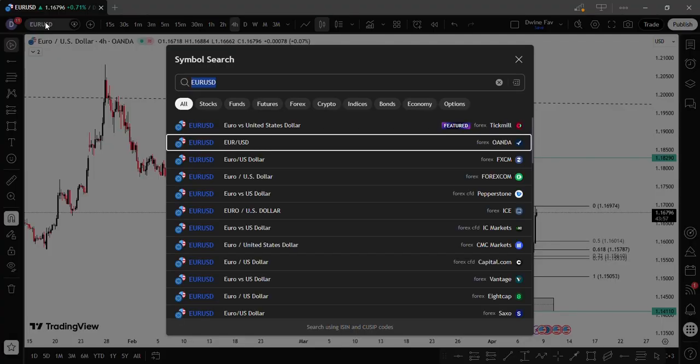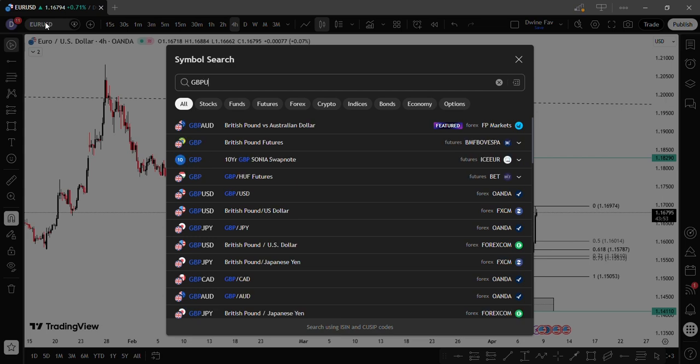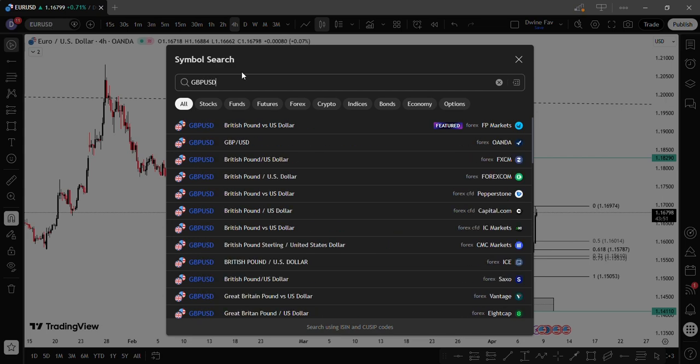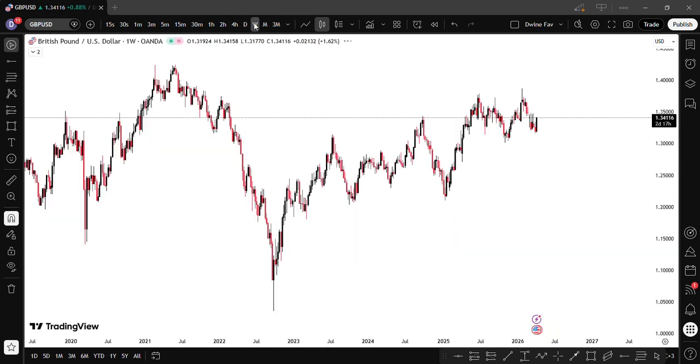Let's get into GBP USD. We do the same, start on a weekly. Have you noticed if the Euro is buying massively?